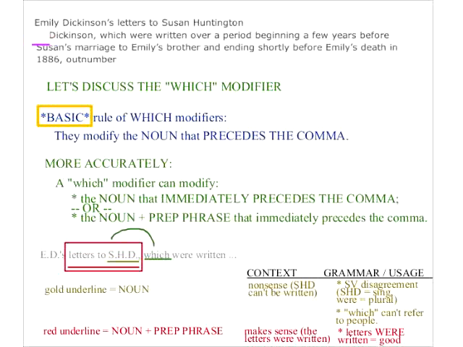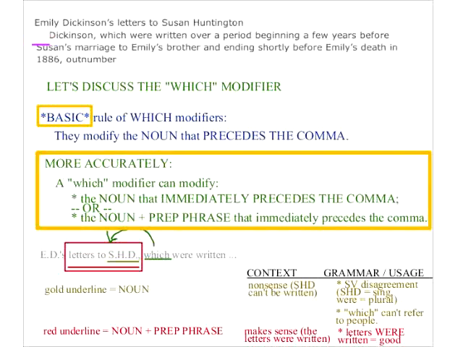So the main lesson of this particular slide is this box right here. A which modifier can either modify the noun that precedes the comma or modify the noun plus prepositional phrase. And in general, you're going to have to use context to figure out how this works.